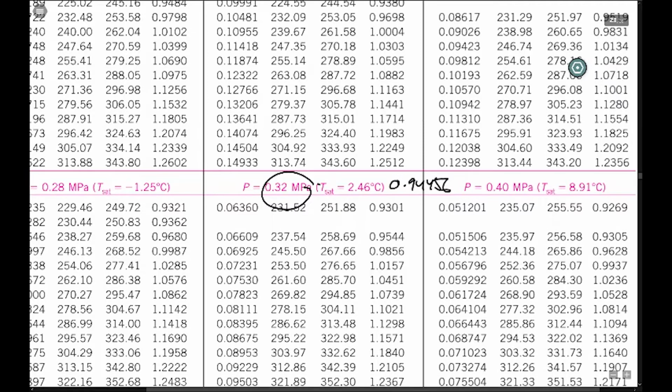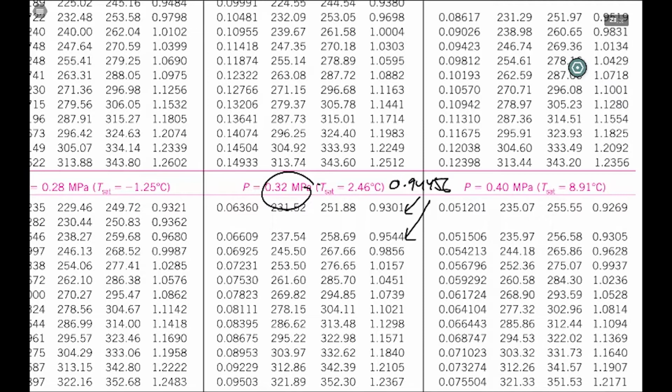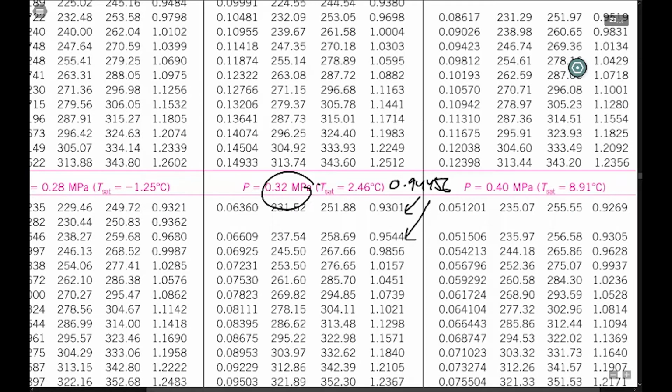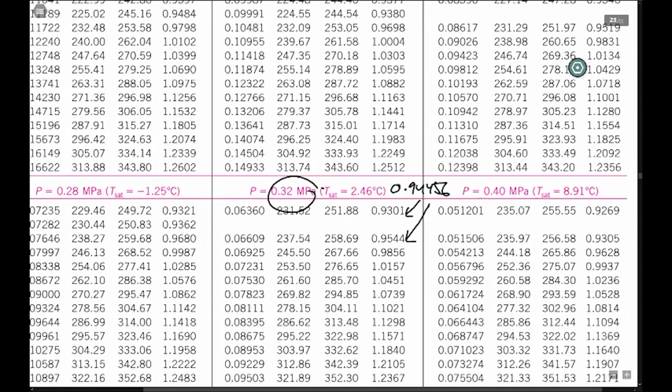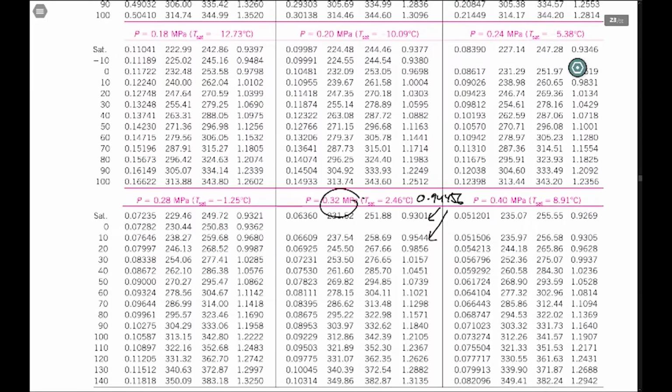Okay, so 0.94456 is located between 0.9301 and also 0.9544. Okay, so we need to interpolate between these two values, 0.9301 and 0.9544.